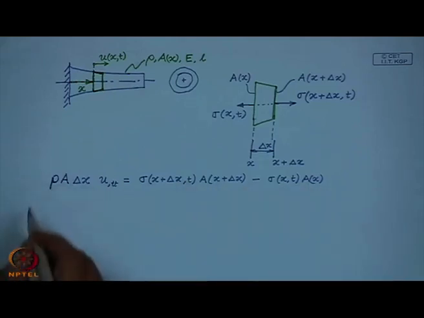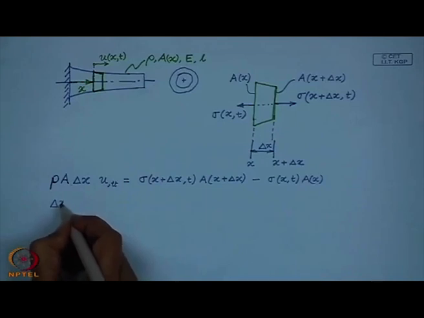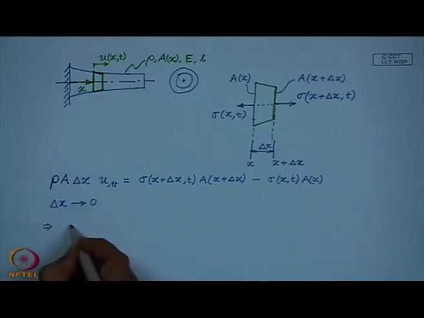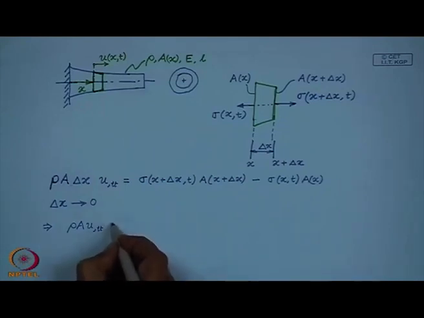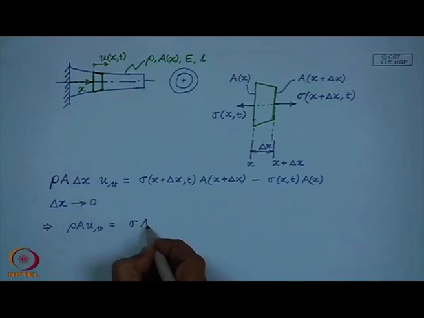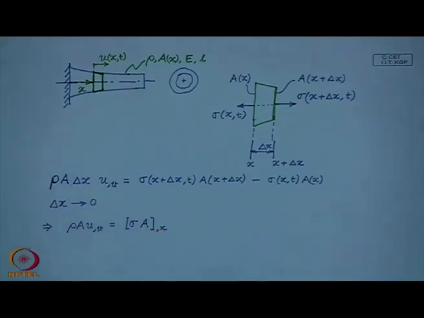Now, if I divide this whole equation by delta x and take the limit delta x tends to 0, then that would imply rho A times the acceleration is equal to the partial derivative of sigma into A. Now, we require to represent this stress in terms of the displacement, the field variable.